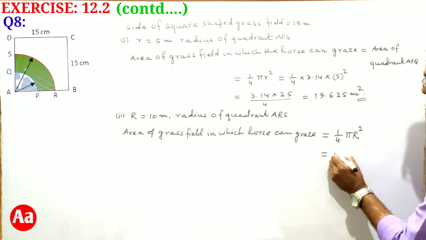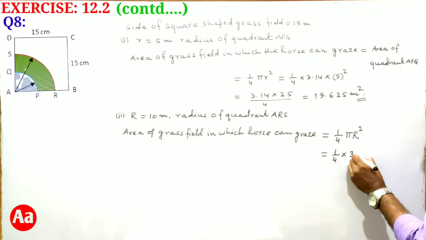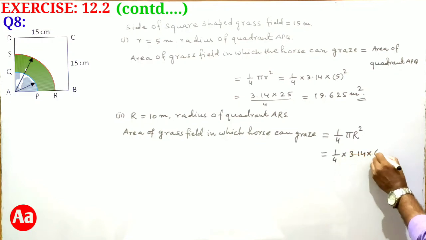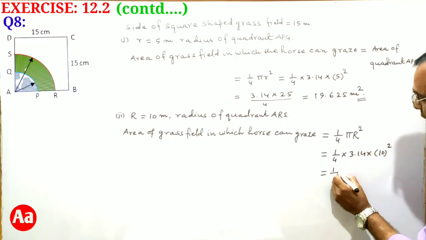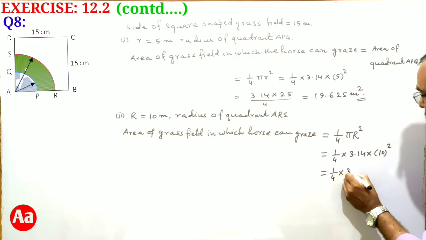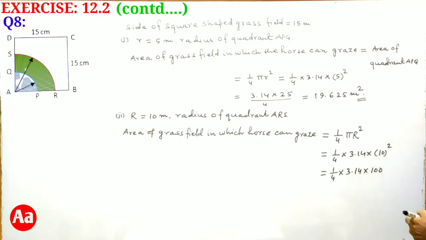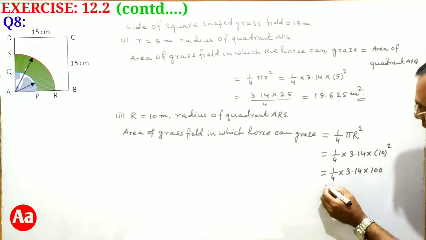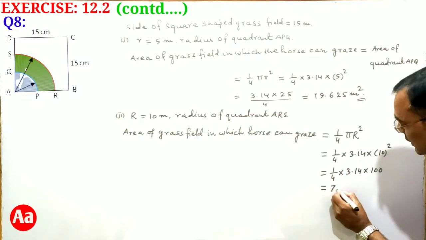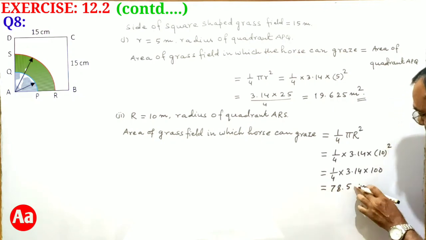So let's put value of pi 3.14 into 10 square, 1 by 4 into 3.14 into 10 square, 100. 3.14 into 100 will be 314, divided by 4 will be equal to 78.5 meter square.